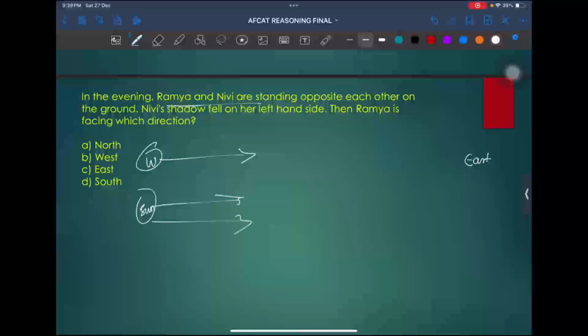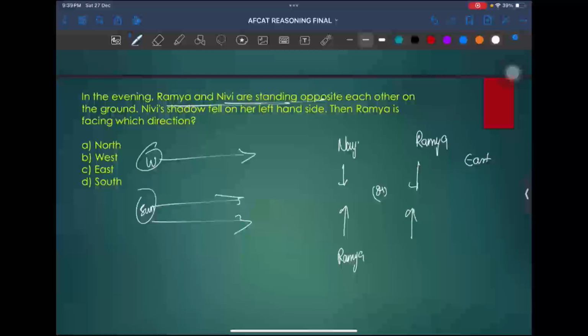In the evening, Ramya and Navya are standing opposite to each other, facing each other on a ground. There may be two conditions.